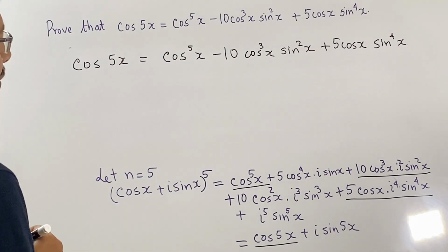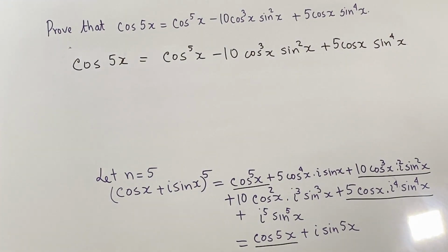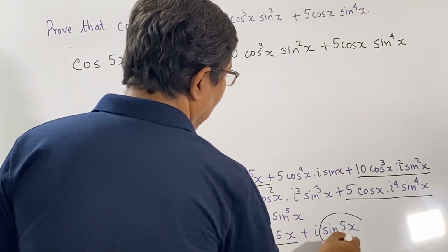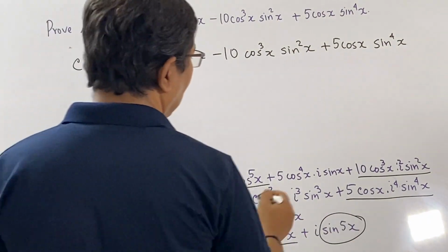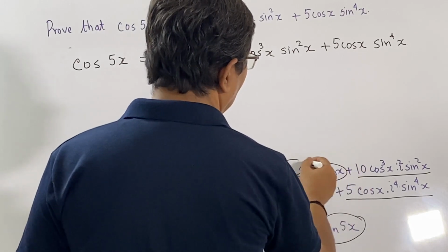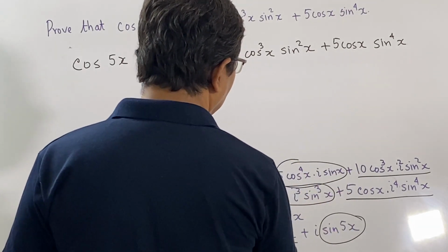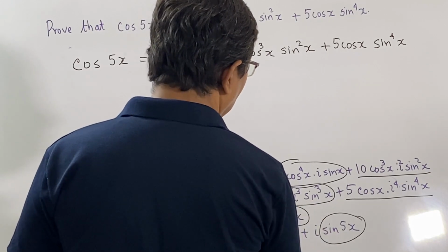As a bonus, we also get the result for sin 5x by equating the imaginary terms here, and all these terms that I am circling now are imaginary terms.